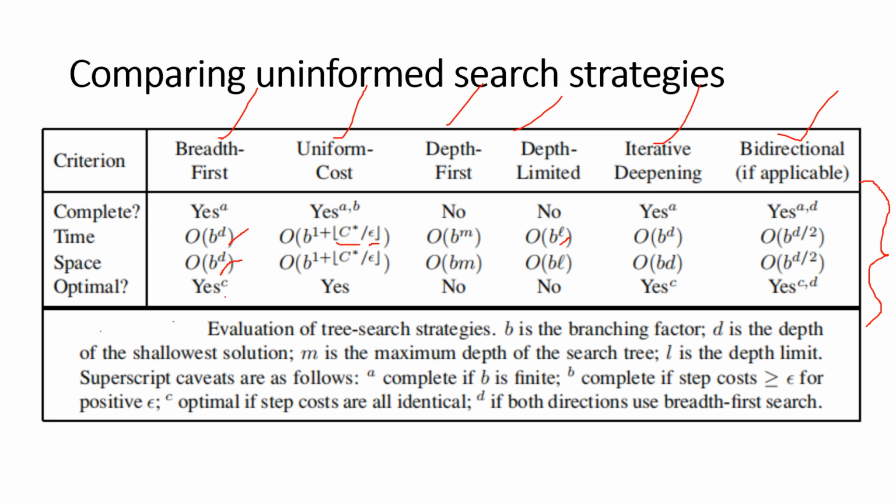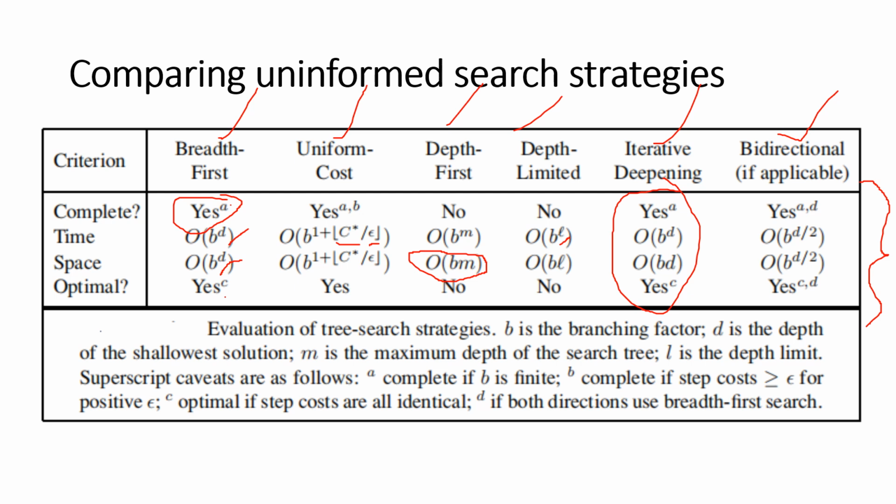So both the better properties of BFS, that is, it is complete, and of depth first search, the memory efficiency. So these two properties are combined in iterative deepening search.